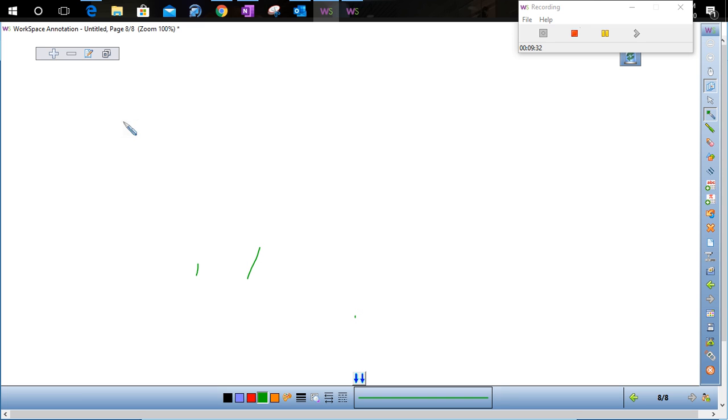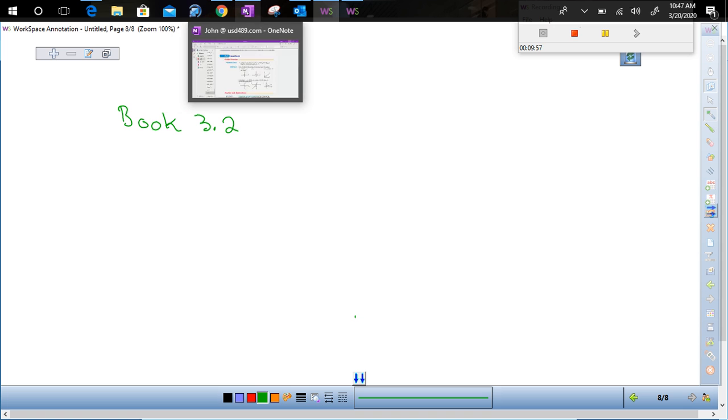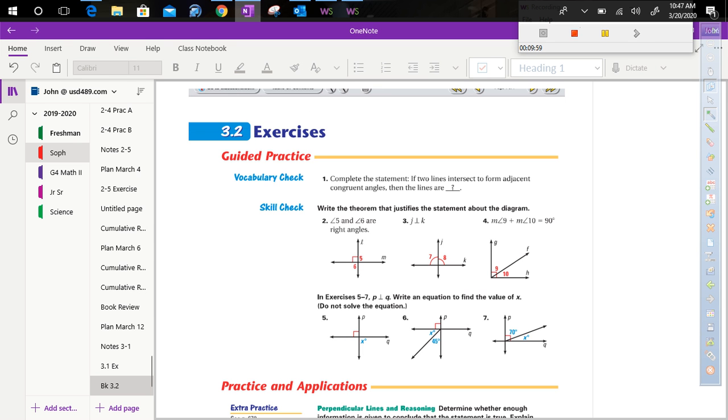It is going to be book 3.2, and in there is also some of these notes, so if you need some more help or some clarification on it, you can go look at the book that I've attached. Again, it's on Canvas, book 3.2, and when you open it up and look at it, it's going to look something like this.